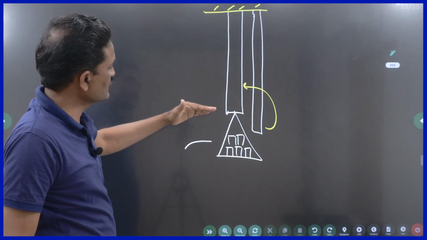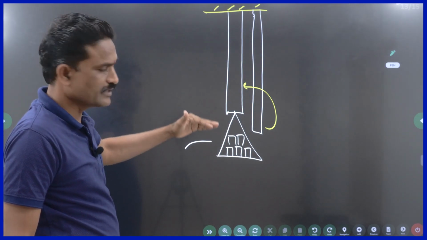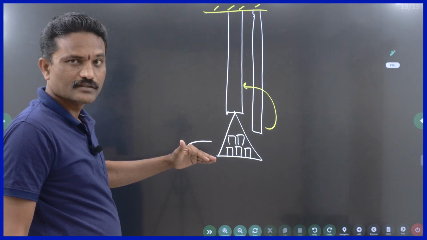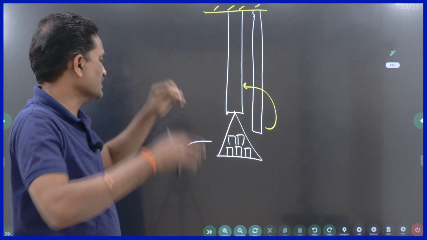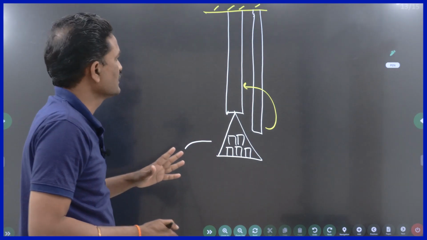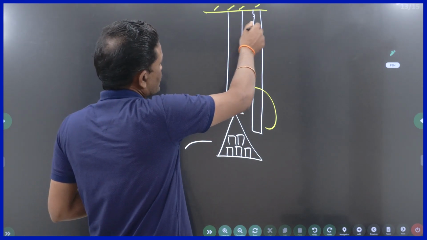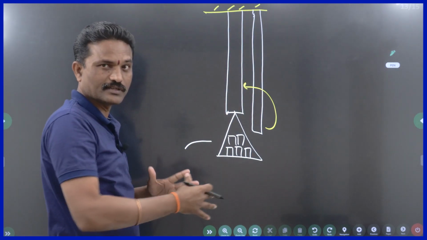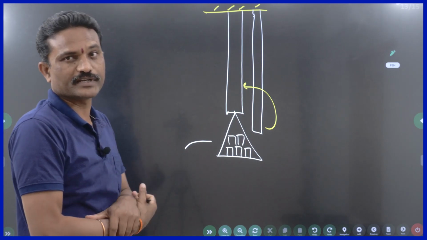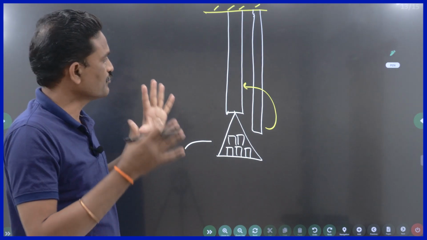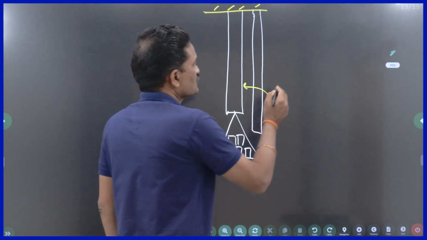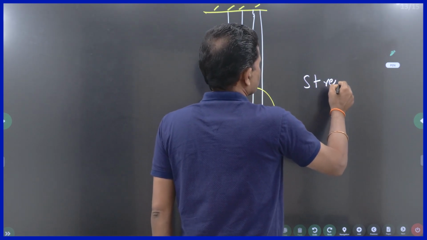Suppose it is increasing. I am so greedy that I am putting a lot of weights. What happens? This thick wire will become thinner. At some extent, it will break. So I am plotting a graph between two things. One is stress, the other one is strain.